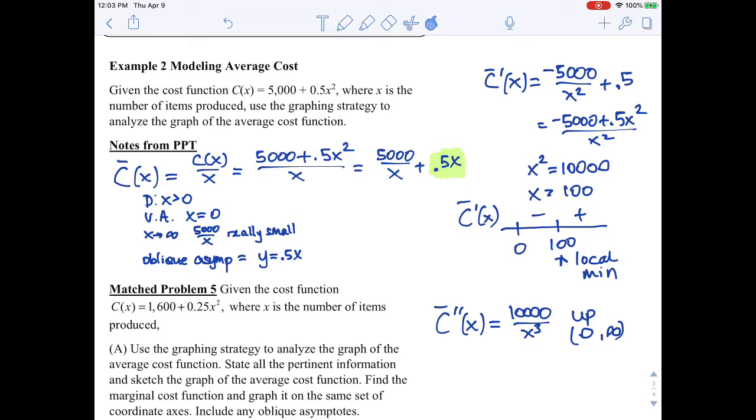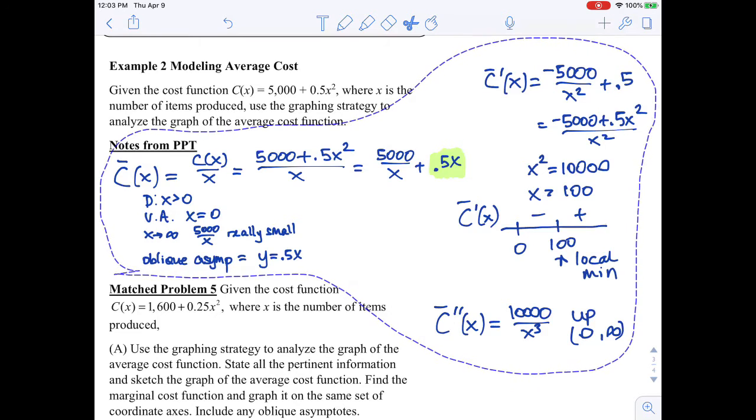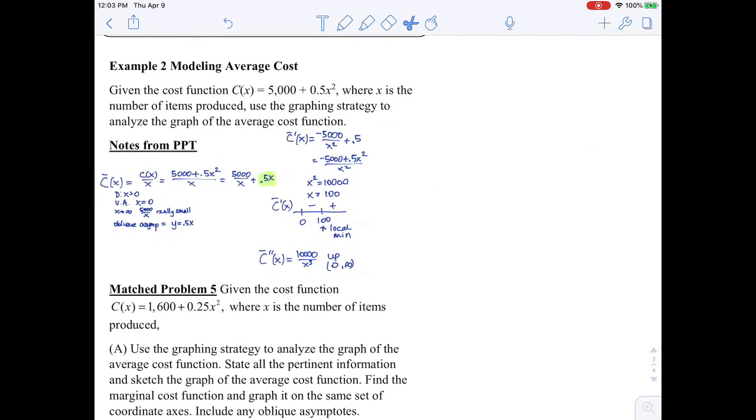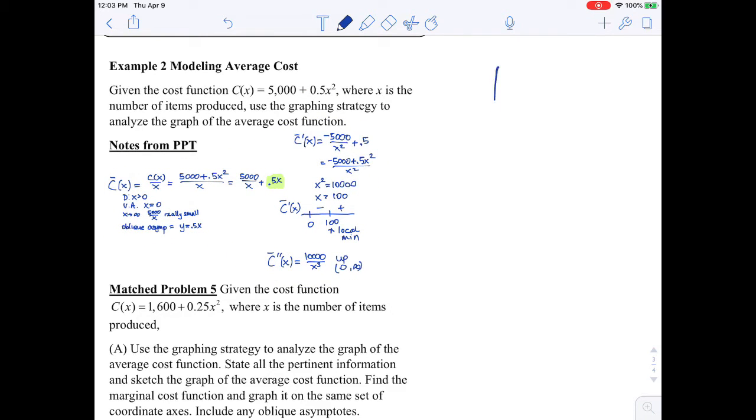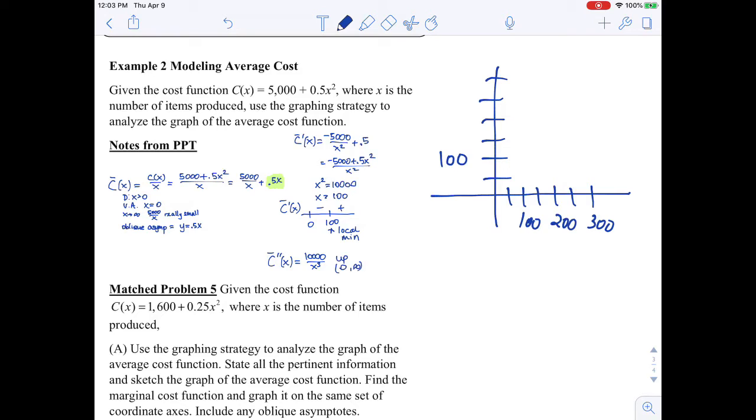So let's look at a graph. I'm going to minimize all of this and pull it over to the side so that I can graph this. On my graph, I'm going to count by 50s and by 50s over here.